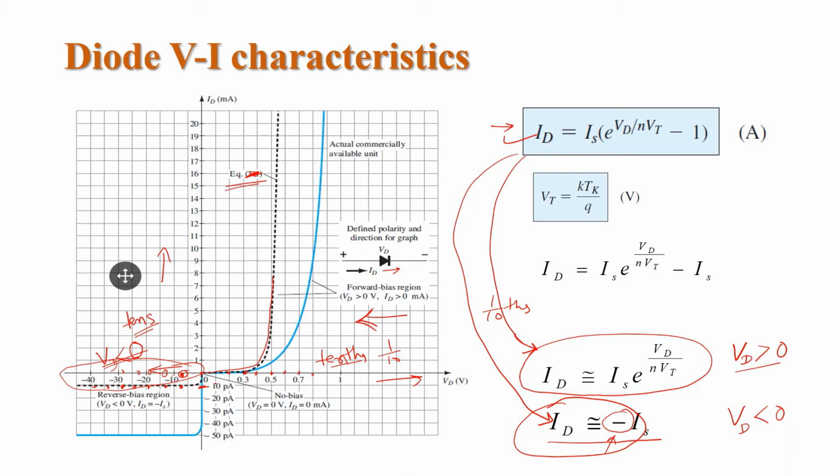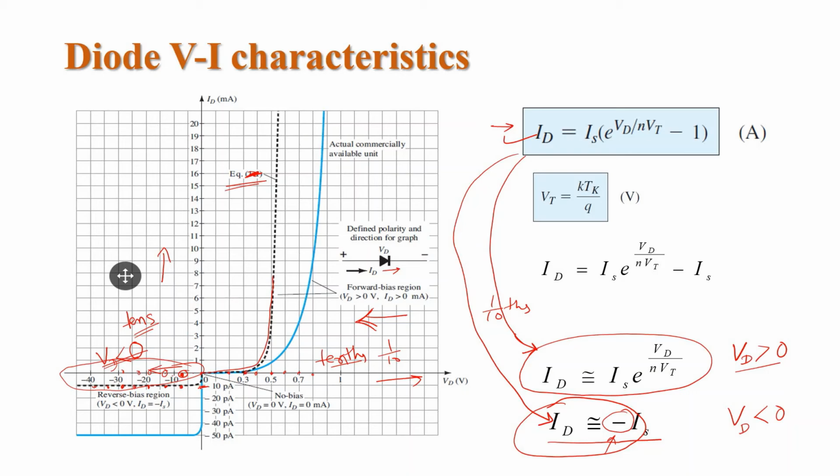So that's why we are calling this level of saturation current the reverse saturation current, because it is flowing in the reverse direction, opposite to the direction of the diode. It has saturated, so it is not changing with increase in VD in the negative direction. VD we are making more and more negative, and still the diode current is not changing. So that's why the word saturation has been used.